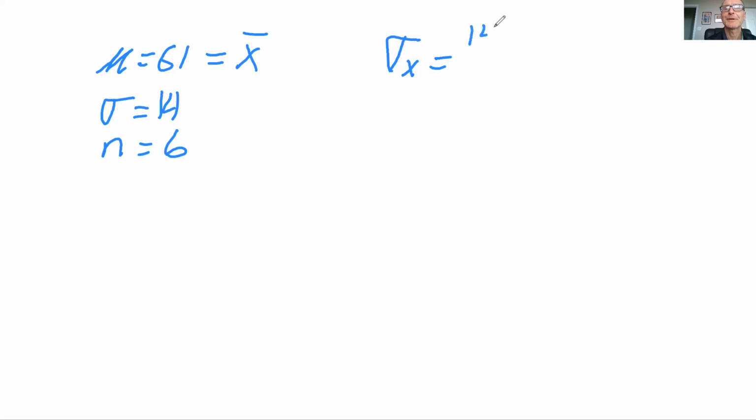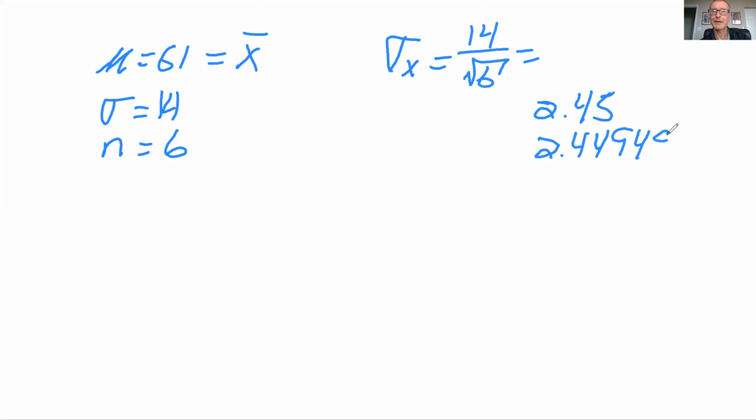Here we go. 14 divided by square root of 6. You get out your calculator, 14, 6 square root, and that looks like 2.45 if we round to 2 decimal points. If you keep going, it'd be 2.44949 for a lot more decimal points.